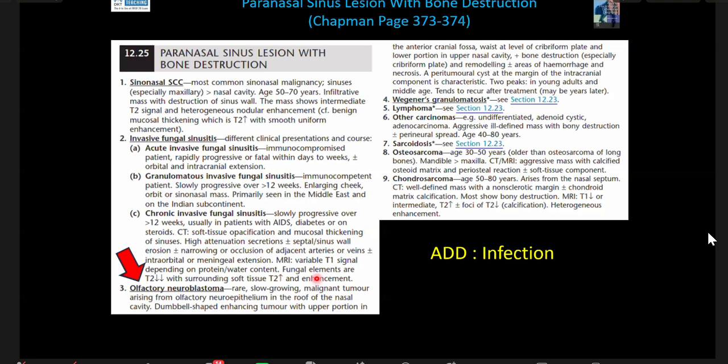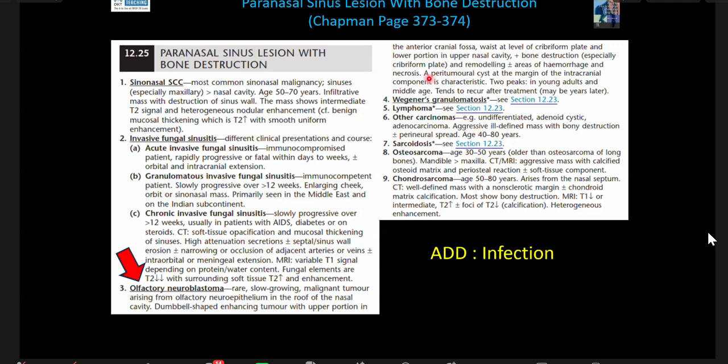Usually it will be dumbbell shaped, which means there will be a constriction, a portion which goes into the intracranial cavity, and a portion which is sitting in the nasal cavity. The portion which goes into the intracranial cavity can enhance like anything.